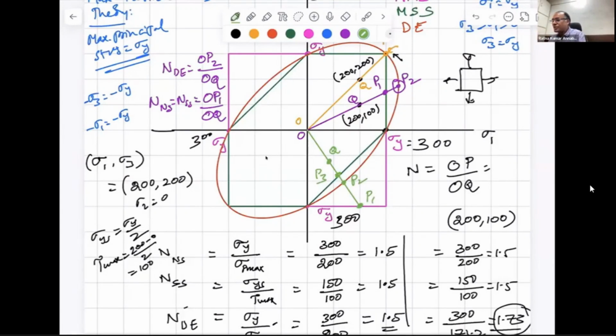However, between distortion energy theory and shear stress theory, you see that shear stress theory is always more conservative. That means it assumes less factor of safety for the same state of stress, and hence shear stress theory is more conservative compared to distortion energy theory. Can you see that?